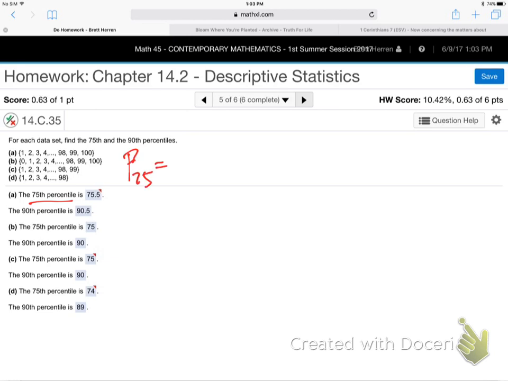So P75 equals P over 100 times N. It's 75 over 100 times N.